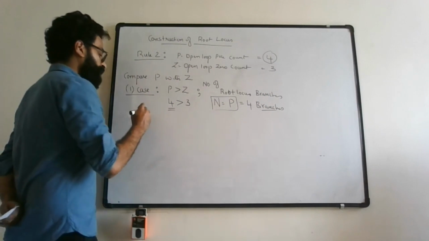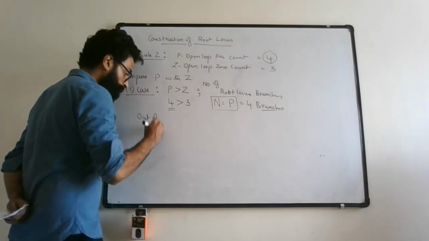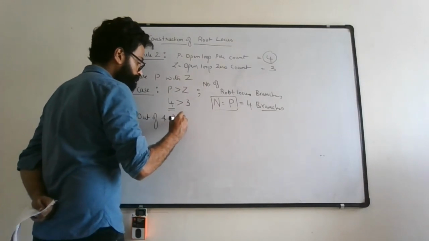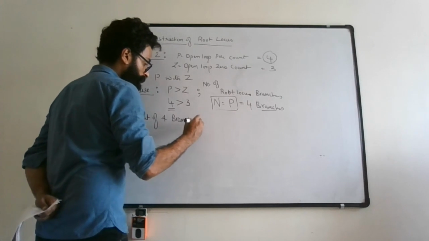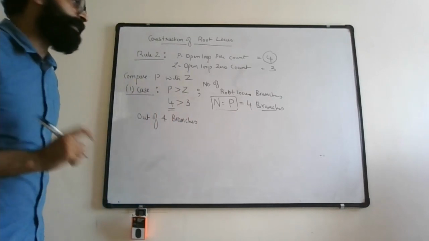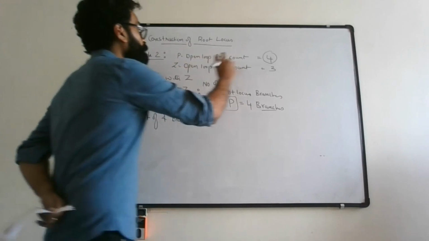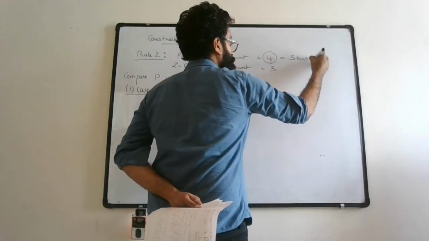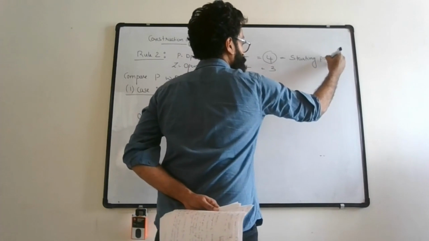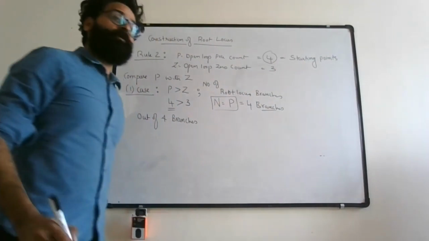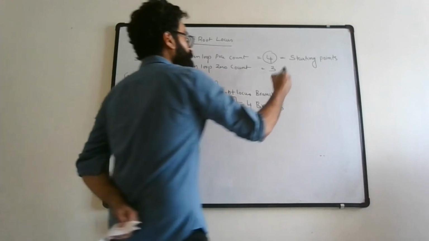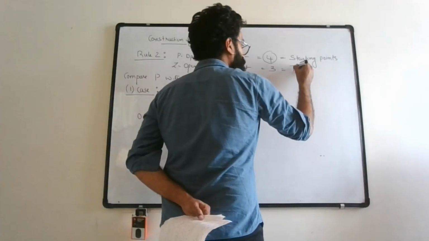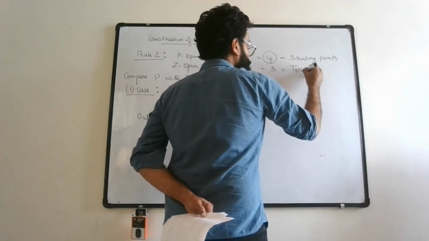One more thing I wanted to tell you: the open loop poles are called starting points, and open loop zeros are called terminating points.